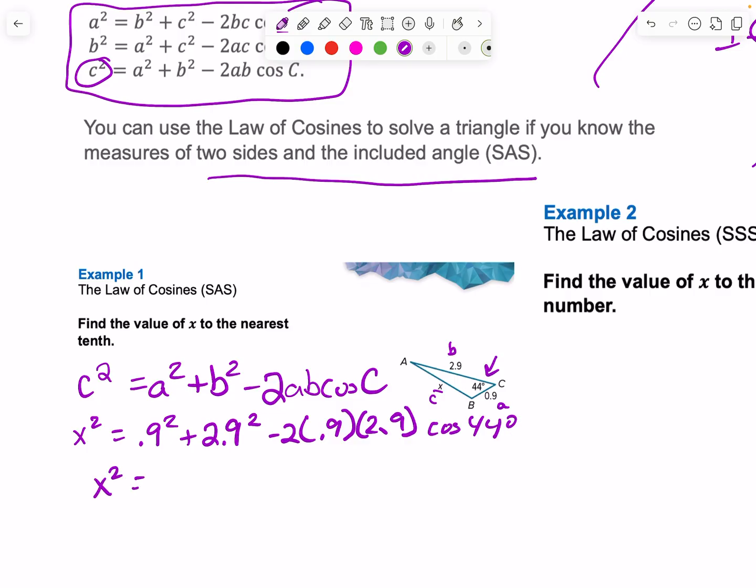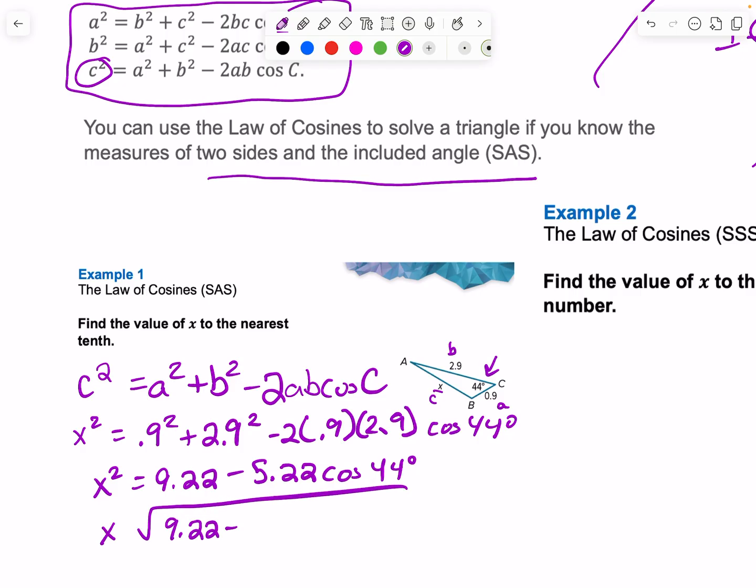So X squared equals 9.22 minus 5.22 cosine 44 degrees. That means X is the square root of that. When we use our calculator, we end up with that side length X being about 2.3.